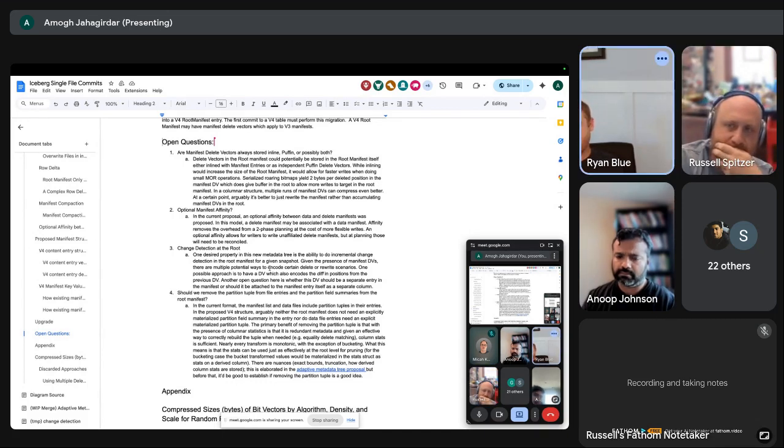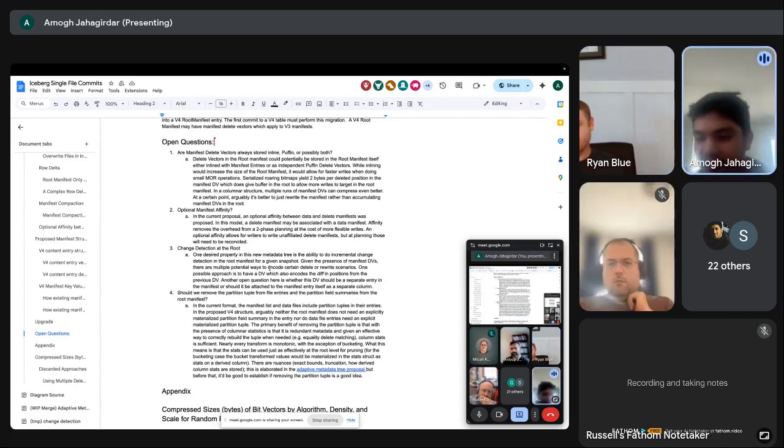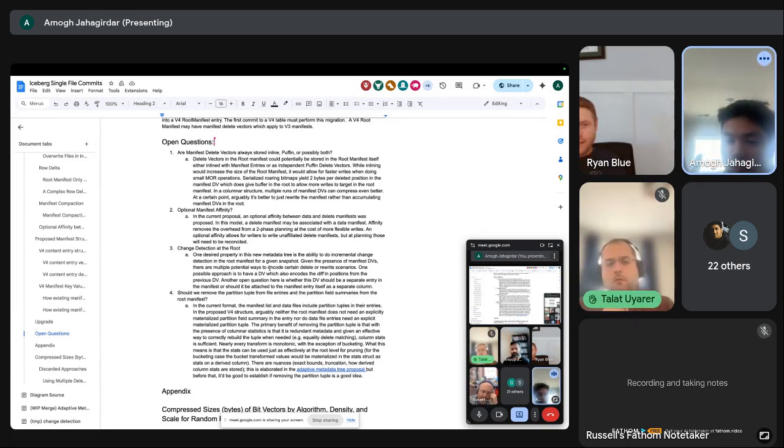This is something I was just thinking about too, which was, if we were to just use stats to detect if a file is partitioned, Ryan, we were talking a while back, you could say that the lower bound of the transforms of that file, of that column, is equal to the upper bound. But this is under the presumption that the stats are exact.